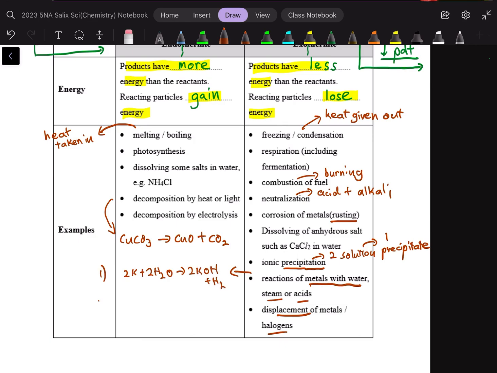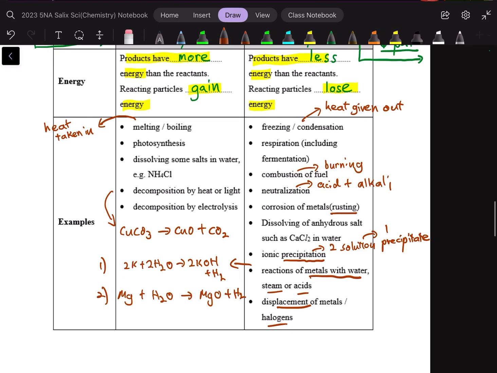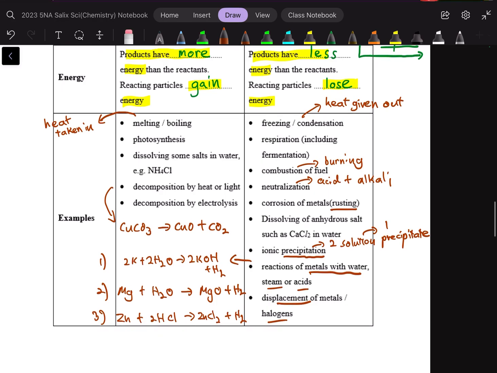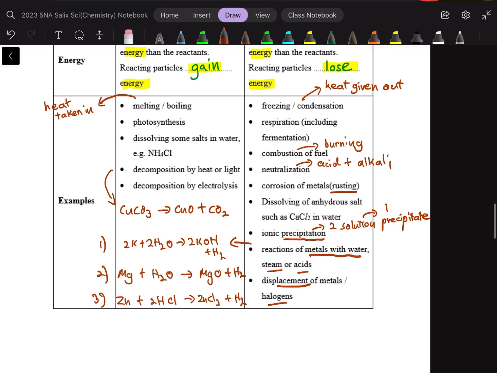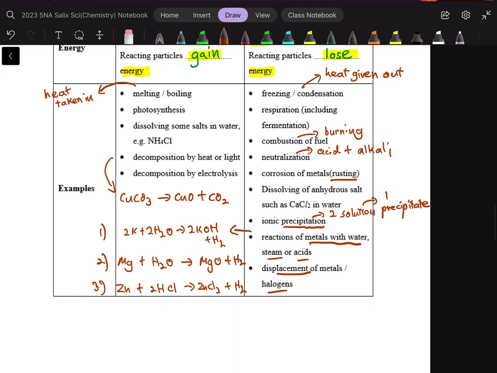Metal with steam gives you metal oxide and hydrogen, all of which give out light and heat. Or metal with acid, for example, hydrochloric acid with zinc gives you zinc chloride plus hydrogen. I think you are familiar. You don't need to copy down everything. And then displacement of metals and halogens, all reactions you have seen before.